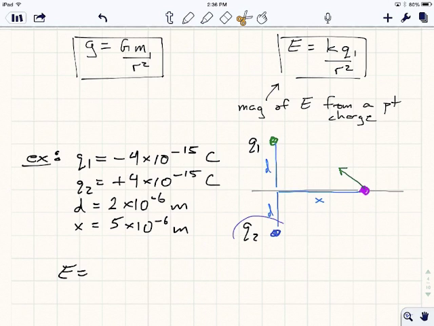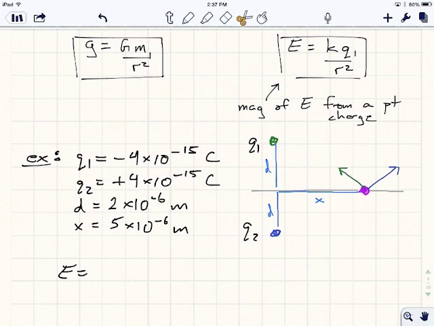The force due to charge 2 on the test charge is going to be slightly different. Charge 2 is a positive charge, and this test charge is also positive, because test charges are always positive. So the force between charge 2 and this charge is going to be repulsive, which means that the direction of the force is going to be directed away.